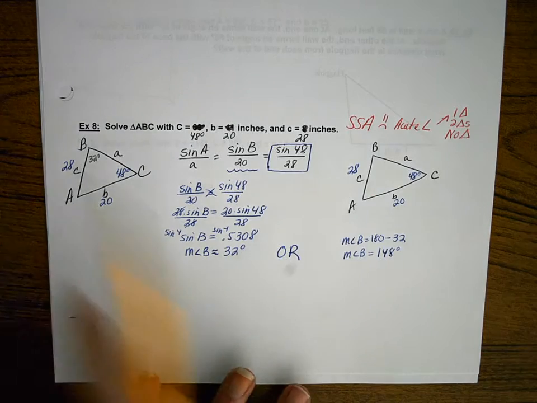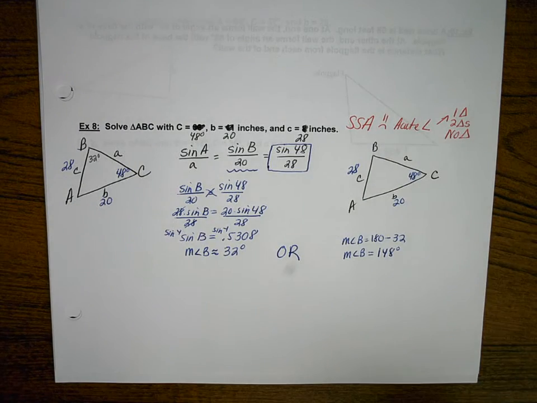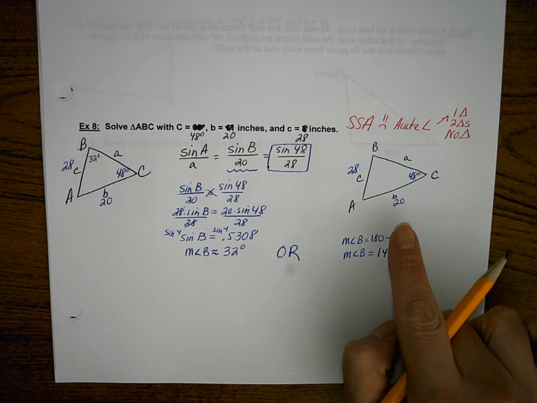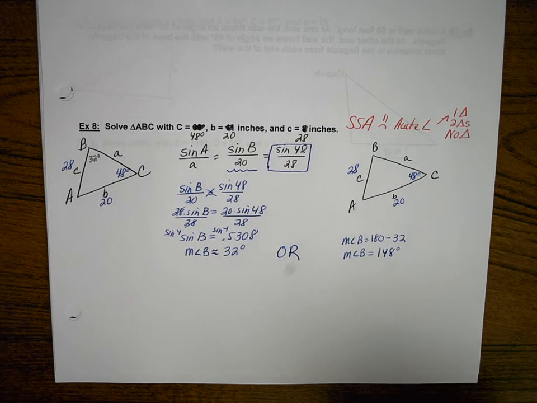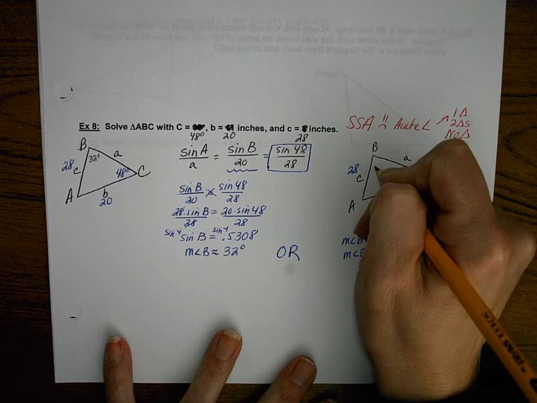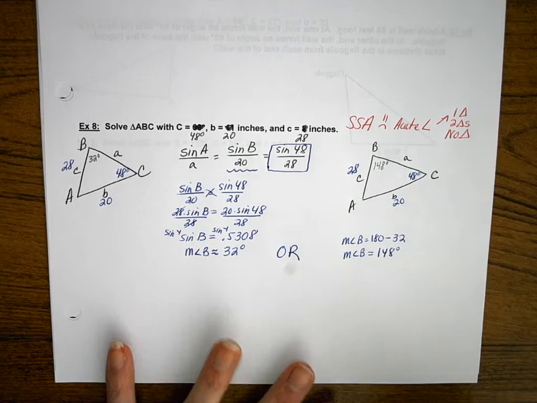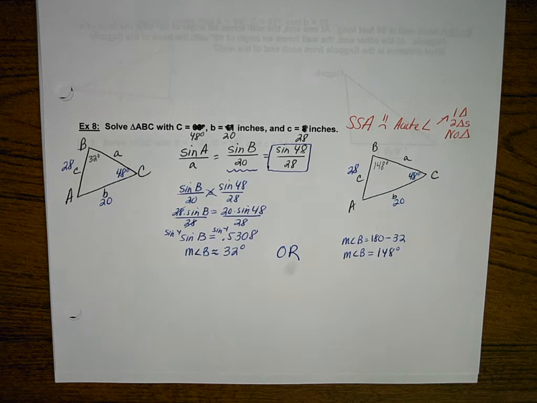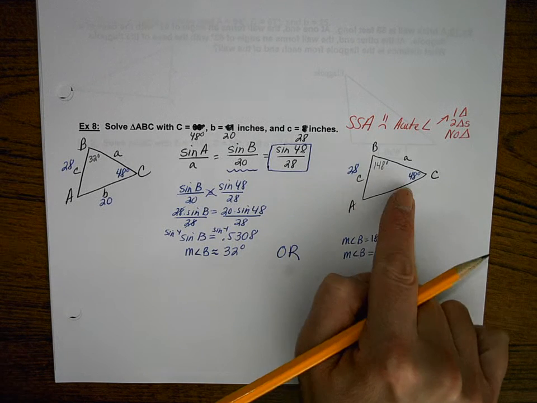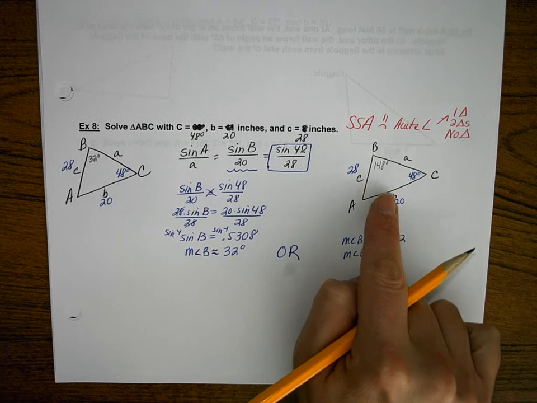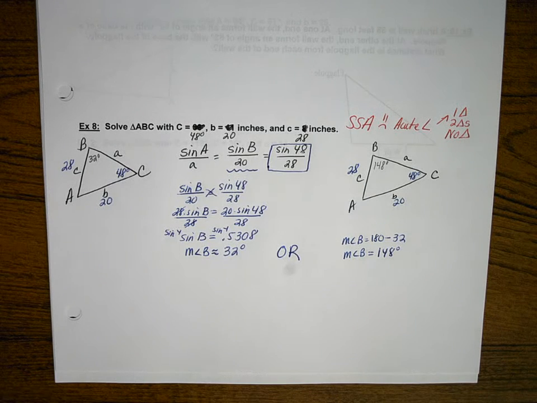But in this second triangle that I draw, what do I know? Angle B here is going to be 148 degrees. Quinn is thinking, there's something wrong here. What is wrong? 148 and 48. What do you notice about that? Yeah, it's over 180.